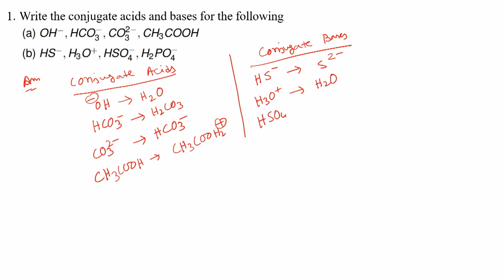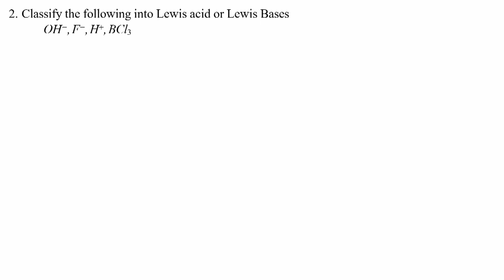HSO4 minus, the conjugate base is SO4 2 minus, and H2PO4 minus, the conjugate base is HPO4 2 minus. Problem number 2 says classify the following into Lewis acids or Lewis bases.